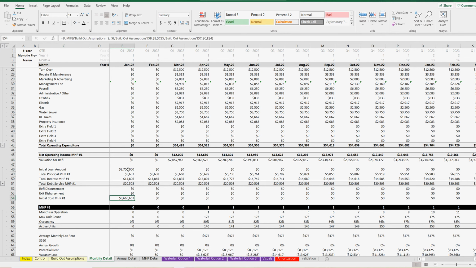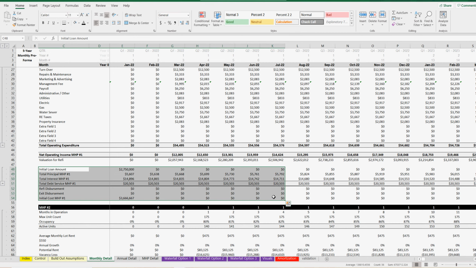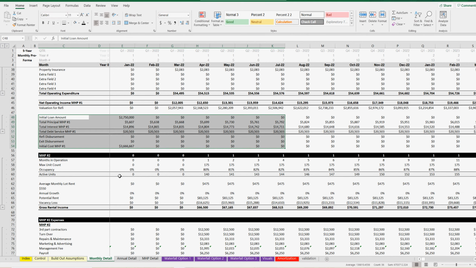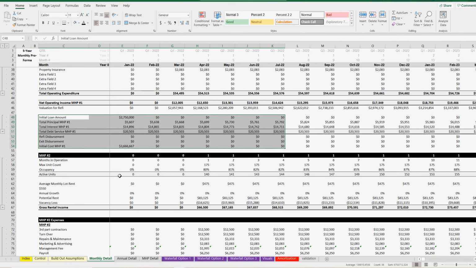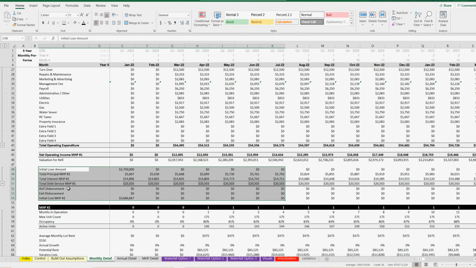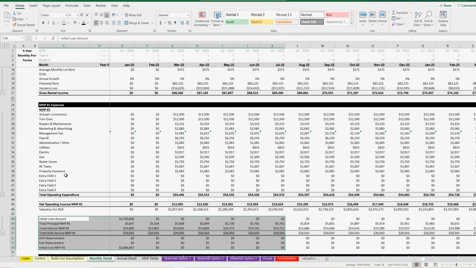And the P&L gets all the way down to value, net operating income, the initial loan, principal and interest, debt service, refi disbursement, exit disbursement, and initial cost. So this is on an individual basis. All this stuff is populating.